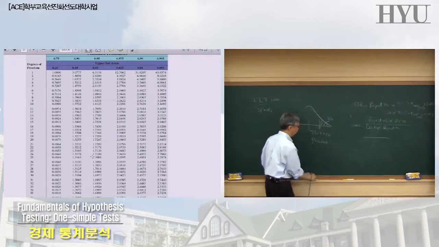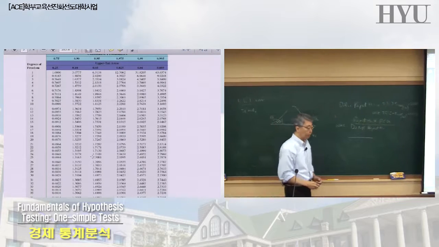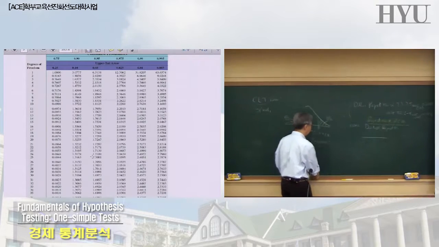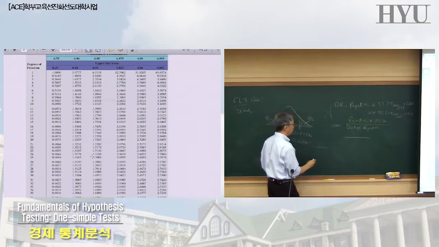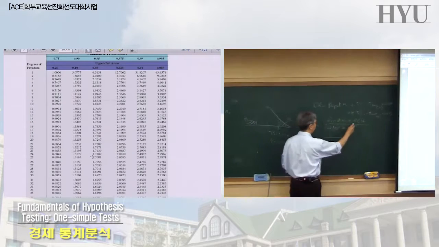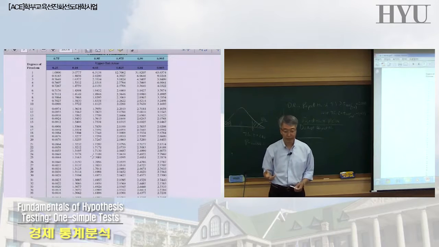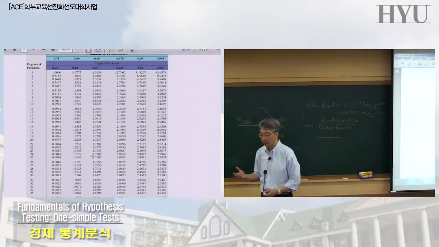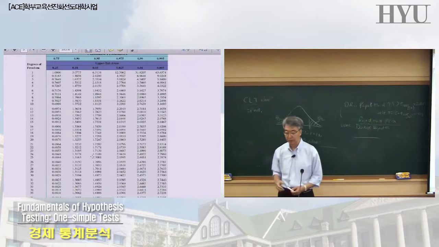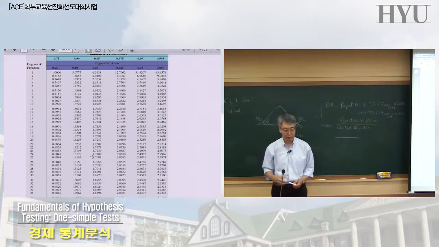Once the computer gives you the p-value, all you need to do is compare that to your alpha level, because you know the alpha level. It's what you set up, 0.05 or 0.01 or whatever. And you can make the decision right away.